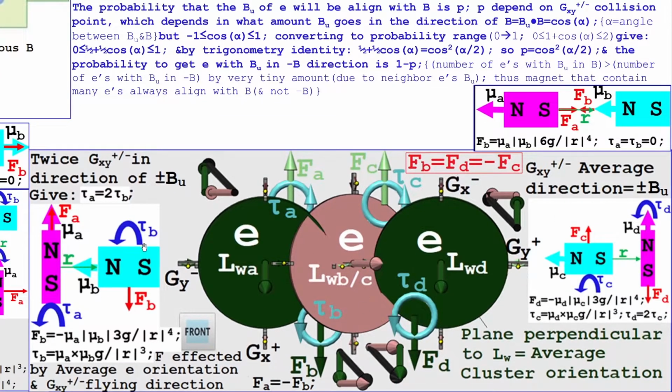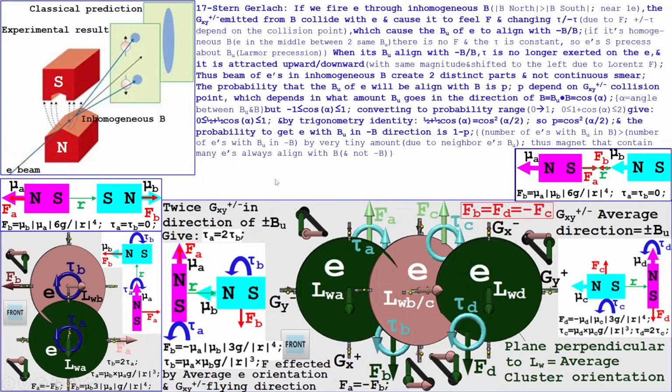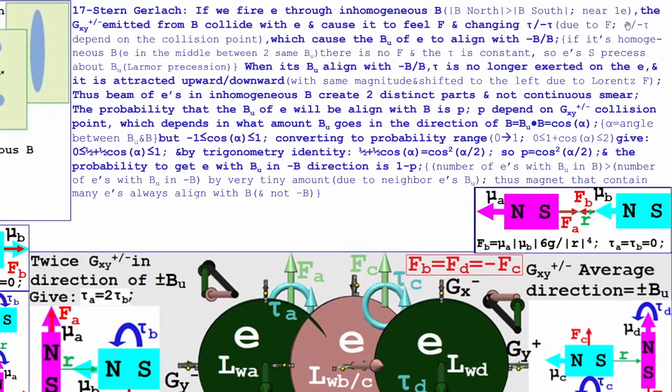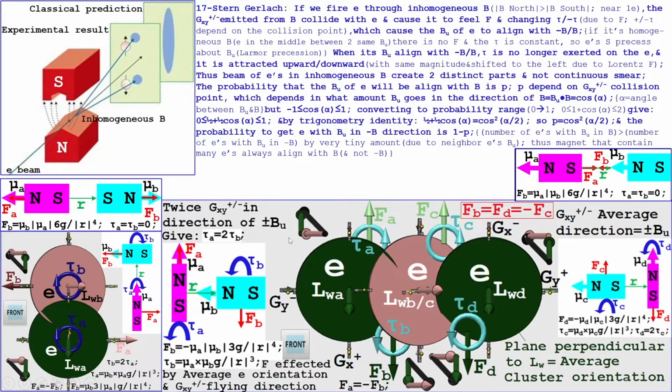As previously demonstrated, after this alignment, torque is no longer being exerted on the electrons, and an equal force pushes them upward or downward, depending on their internal magnetic field orientation, creating 2 distinct parts on the screen.